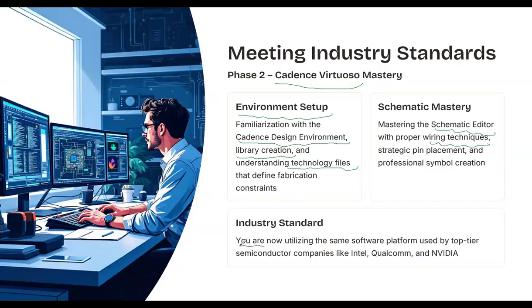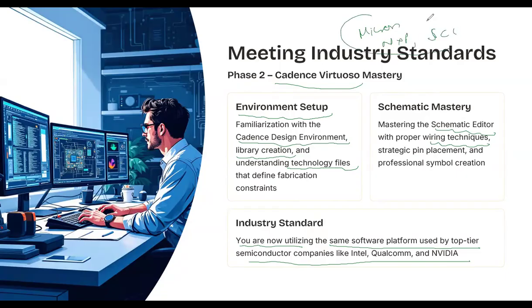When you start working on Cadence, please remember that you are utilizing the same software platform used by top tier semiconductor companies, Intel, Qualcomm, NVIDIA. Cadence is being used in almost every industry today. You go with Micron, you go with NXP, you go with SCL.